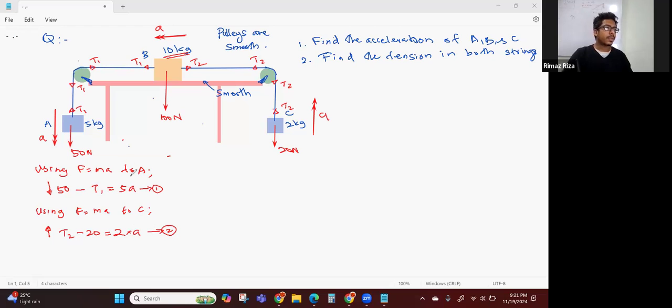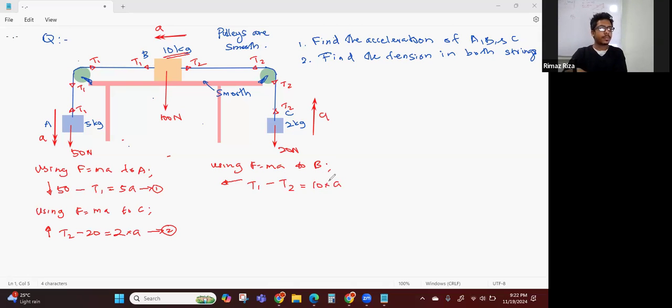So in order to get another equation, we can apply F equals ma for B, right? That one we can apply in this direction because it is accelerating this way. So T1 minus T2 equals mass 10 into a.